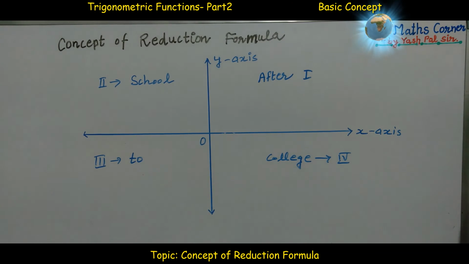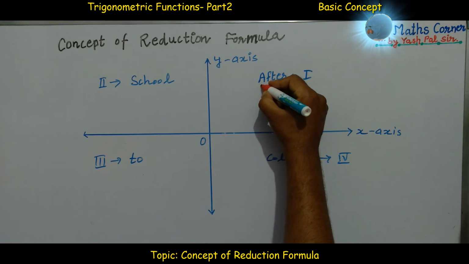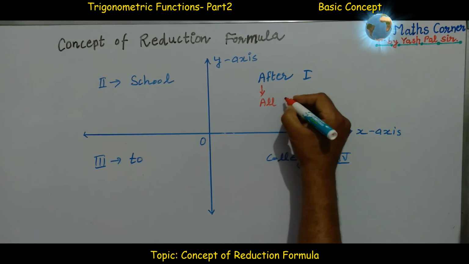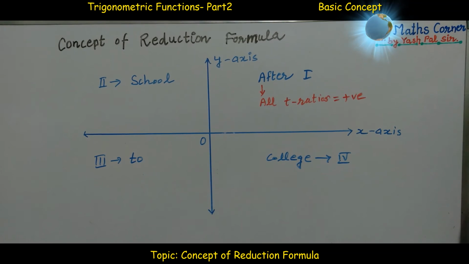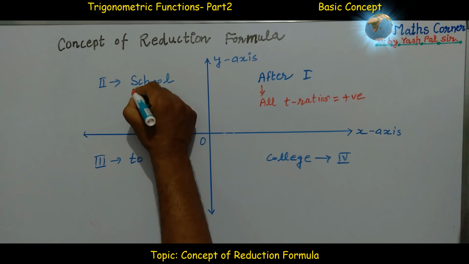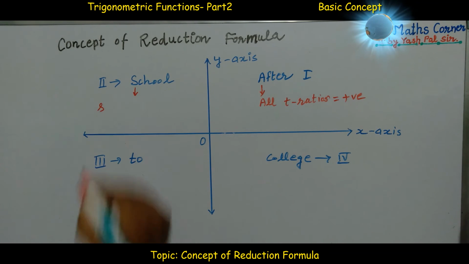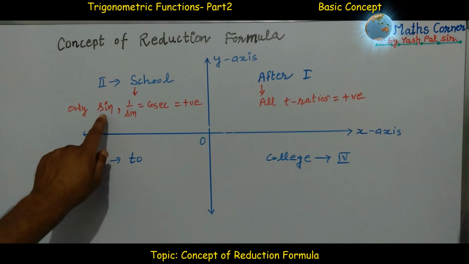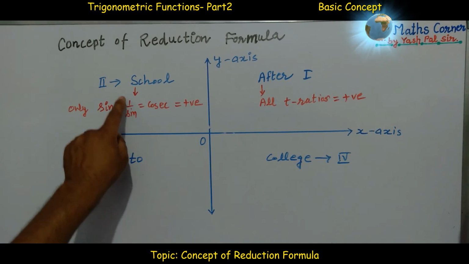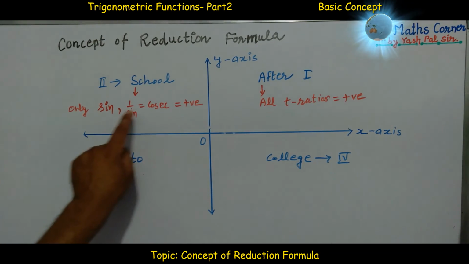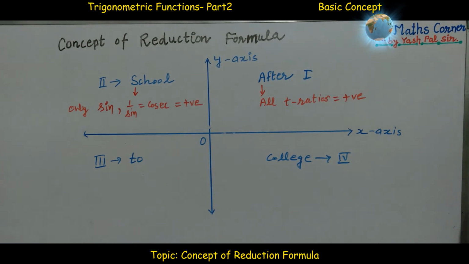What is the meaning of this? We select just the first letter. Here A means all T ratios are positive. In the second quadrant we select the first letter of school, that is S. It means sine and its reciprocal, 1 upon sine, which is cosecant theta. Only sine and cosecant are positive.